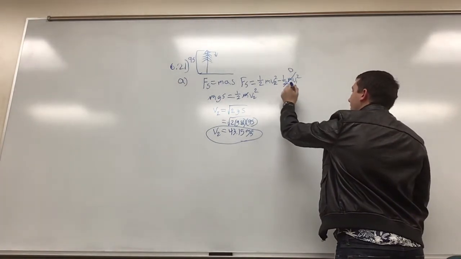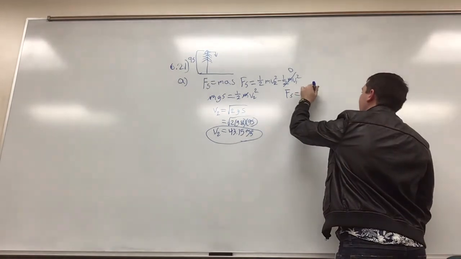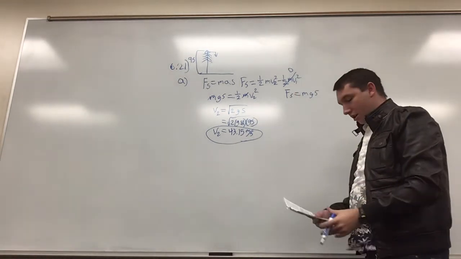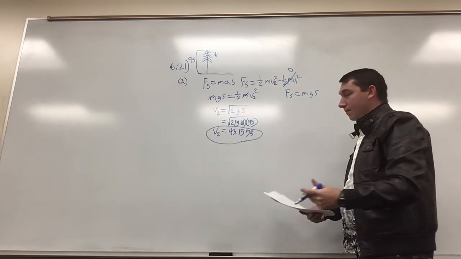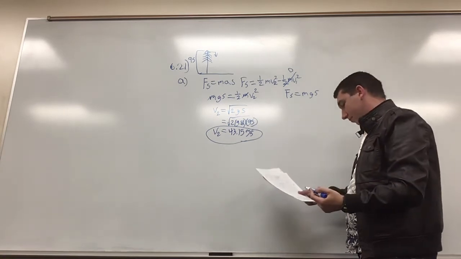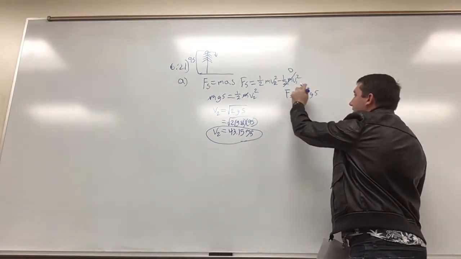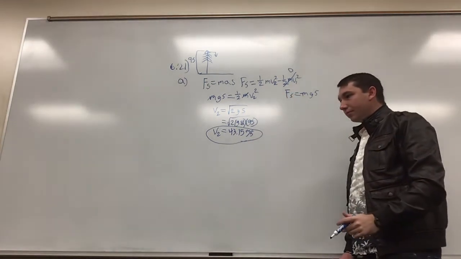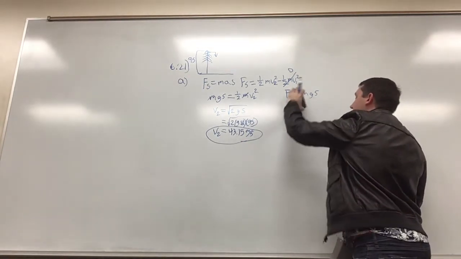Force times the distance is going to be equal to the mass times gravity times the distance. But in this case, this is going to be negative. But no, we can just leave it positive.